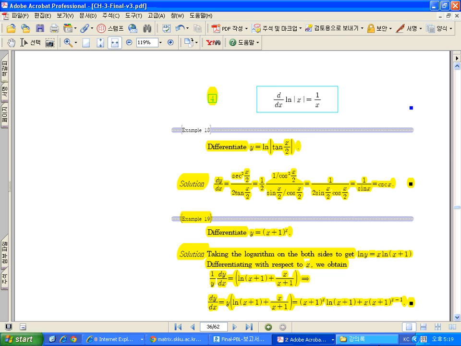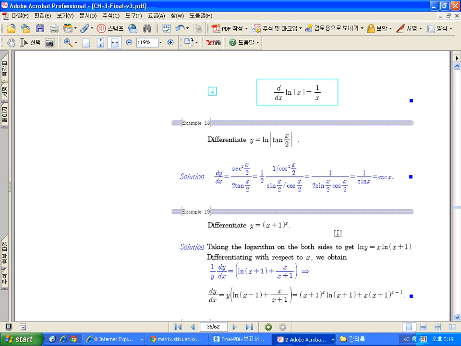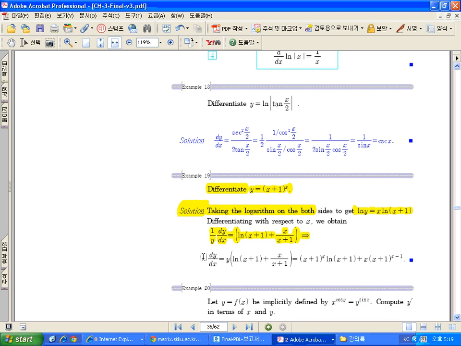And there are several examples of implicit differentiation for logarithmic functions. Same thing here. Here you do what we did. Here we take a log function on both sides and then take the differentiation on both sides with respect to x to find the dy dx in this way.